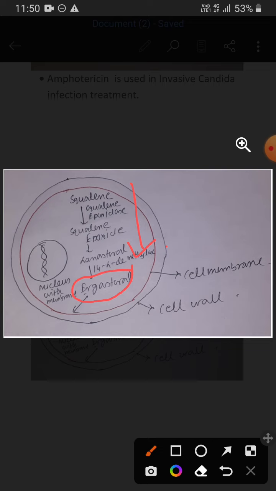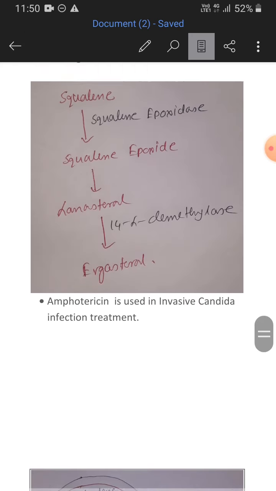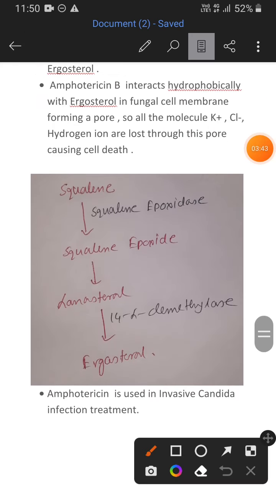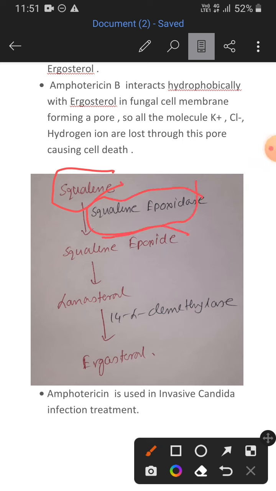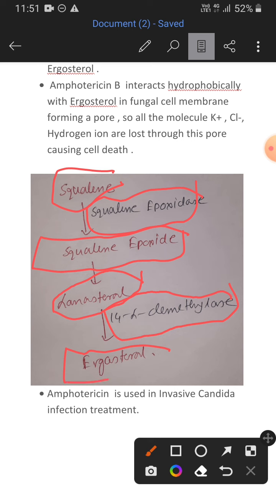The first precursor is squalene. Squalene, in the presence of squalene epoxidase, gives squalene epoxide, which is converted into lanosterol, and lanosterol in the presence of 14 alpha demethylase gives ergosterol, which leads to the formation of the cell membrane.